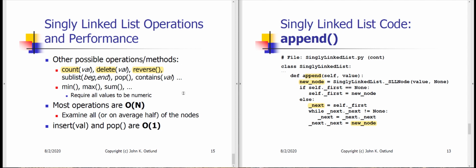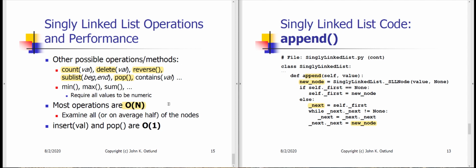Recursion is the easiest way to handle that one. We could extract a sublist, a copy of part of the list from an existing list. Pop would be to simply return the value from the front of the list and remove that from the list, and on and on.